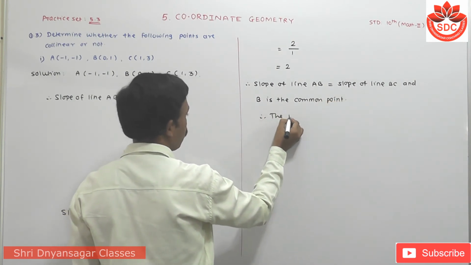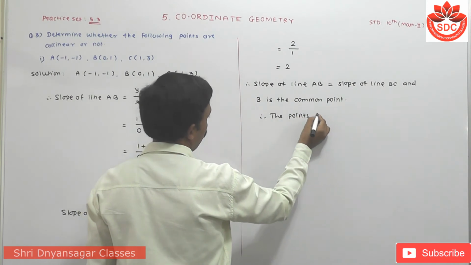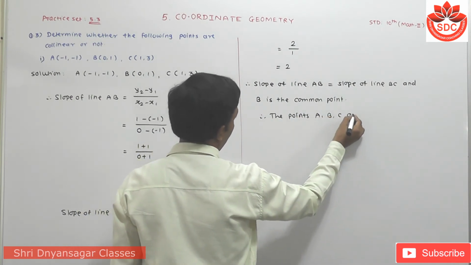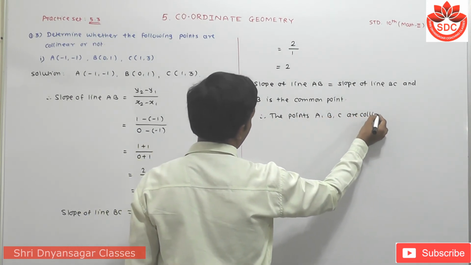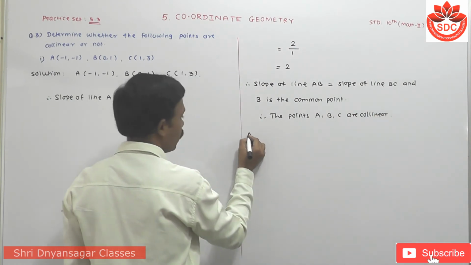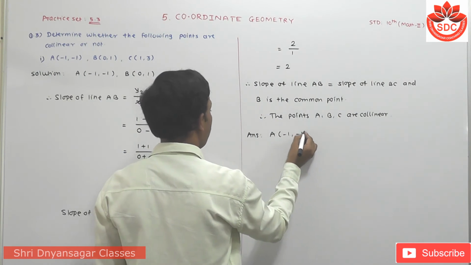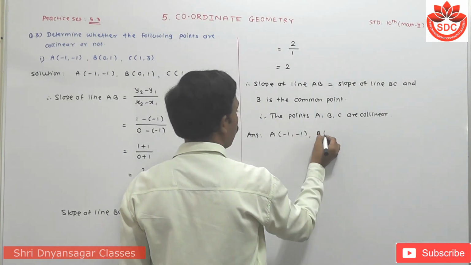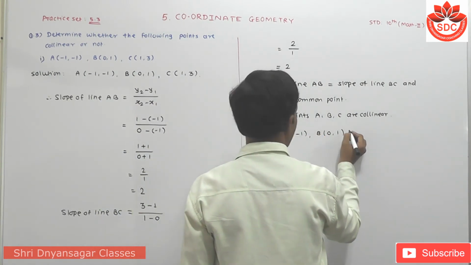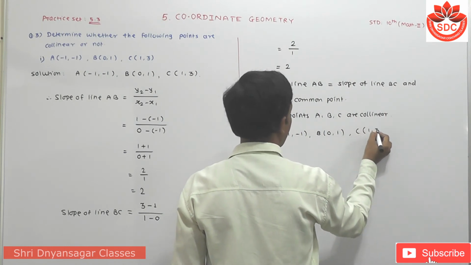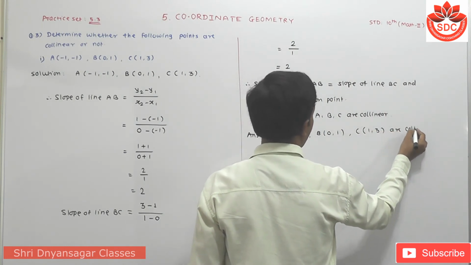Therefore, the points A, B, C are collinear. Therefore, answer in full sentence: A (-1, B 0, 1, C 1 and 3) are collinear points.